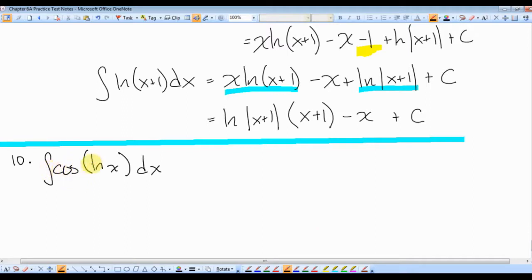I'm trying to remember what we did here. We could try u substitution. What's u? No, it doesn't work. Why doesn't this work? What's u?